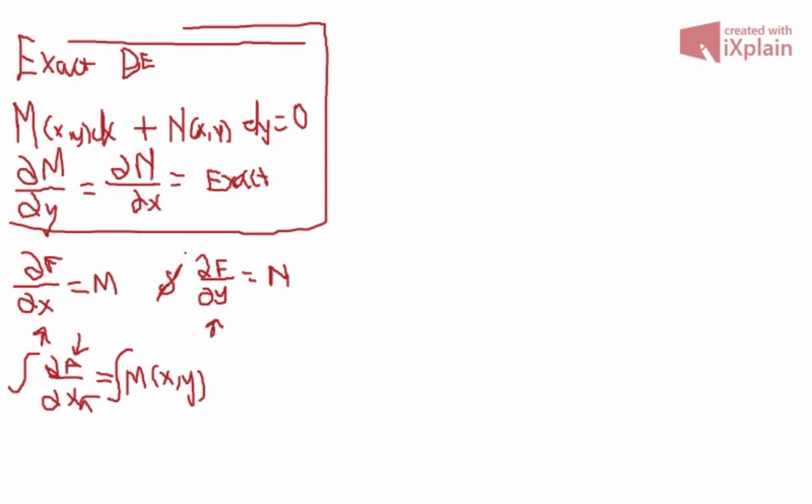Both sides we're going to do the same thing. We integrate that side and this side. So the integration of del f over del x is f of x, y, equal to the integral of M. The constant here should be g of y, because we integrated with respect to x, so we use g of y as the constant.